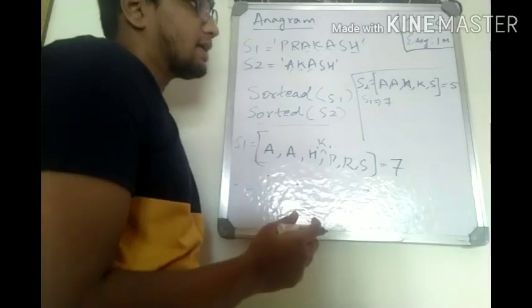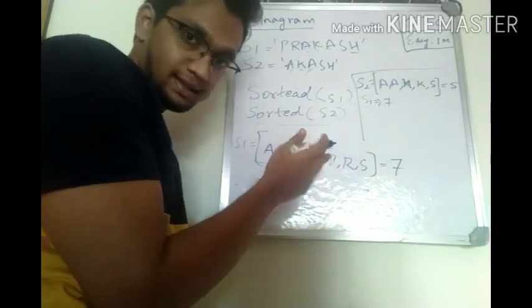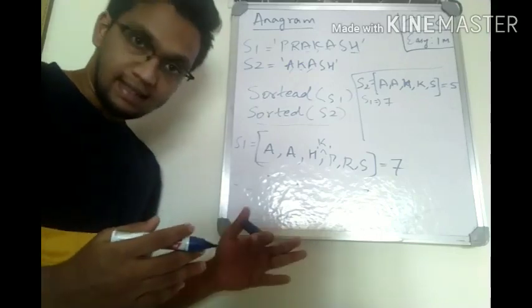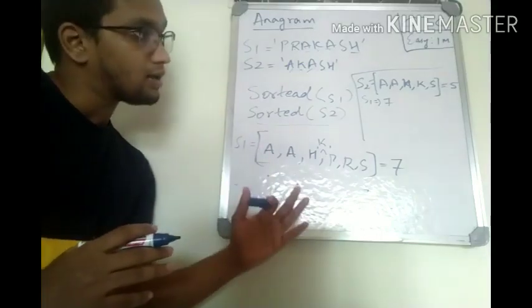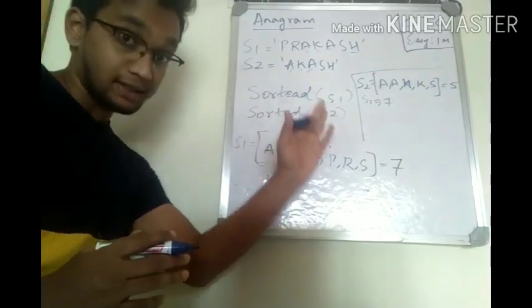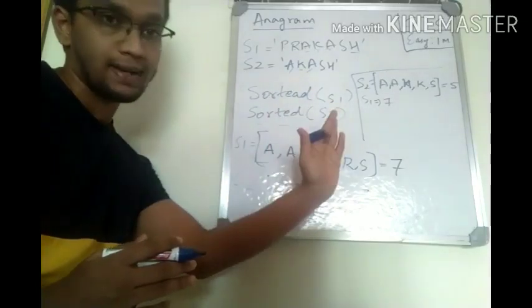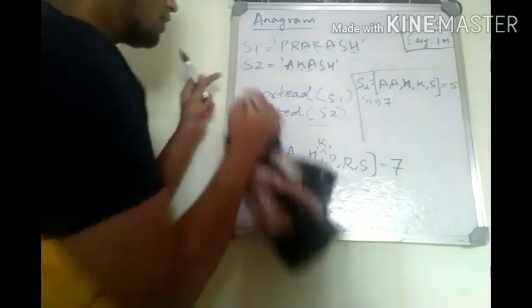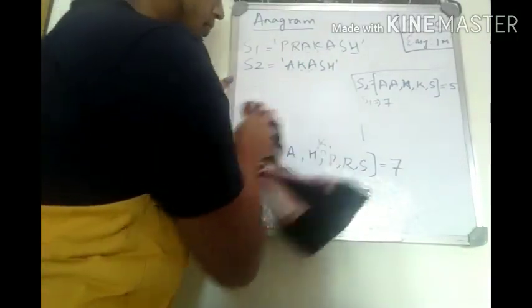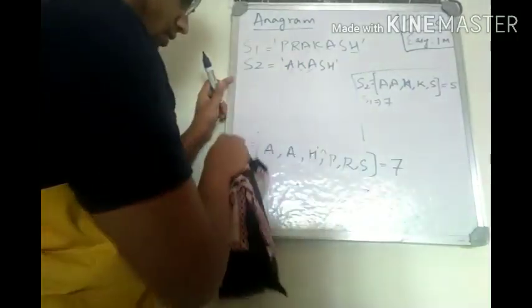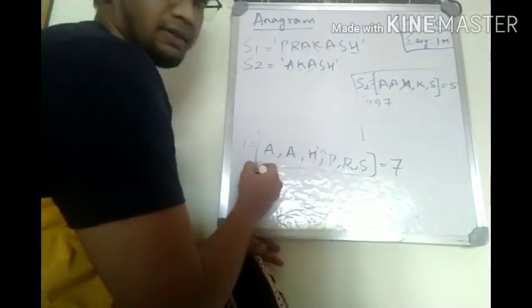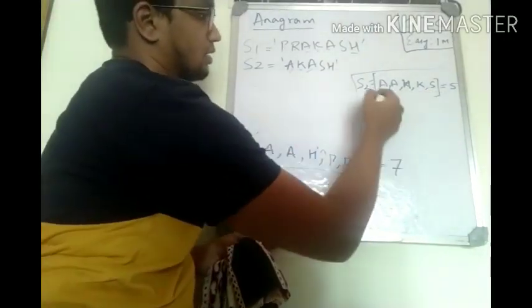So it is clearly known to us that S2's length is less than S1's length. So we can perform a linear search operation in S1 while going through S2. So how can we do that? We know the elements, right? This is S1 and this is S2.